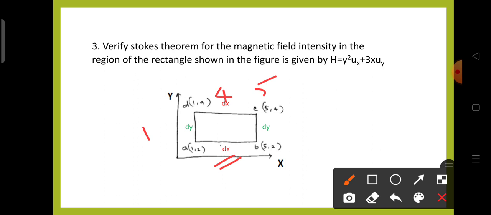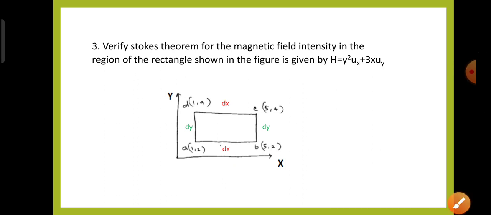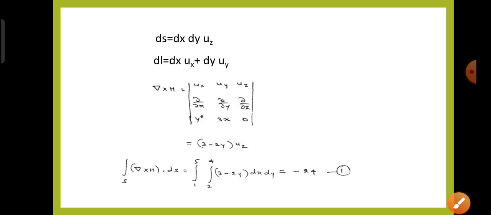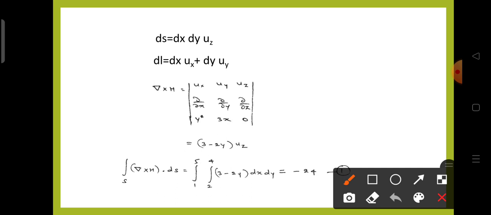This concept we have to know. Then we know that ds has only x and y directions, so dx dy. The length vector is dx a_x plus dy a_y.